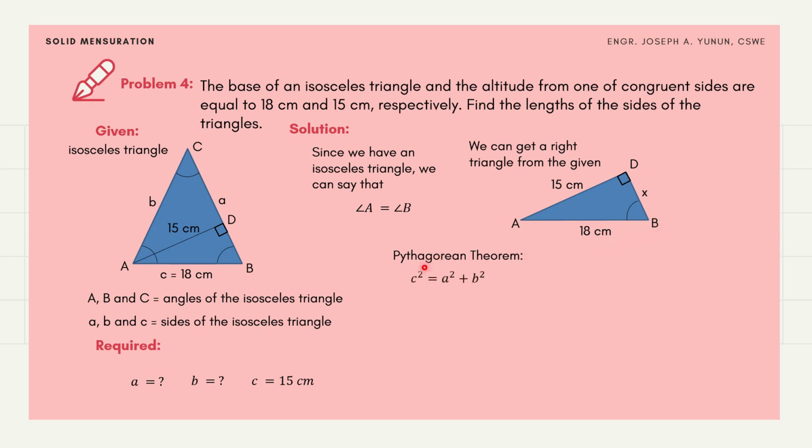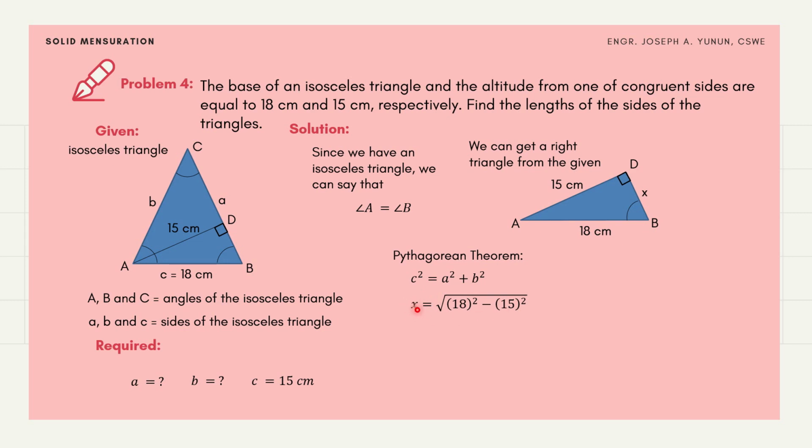By means of the square of the hypotenuse is equivalent to the sum of the squares of the other two sides. Since the unknown is not the hypotenuse, I can use one of those in order to arrive at this.